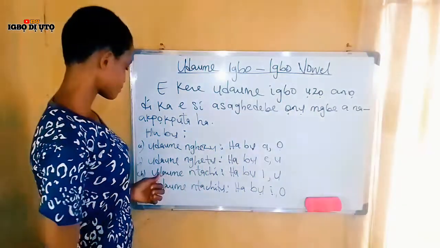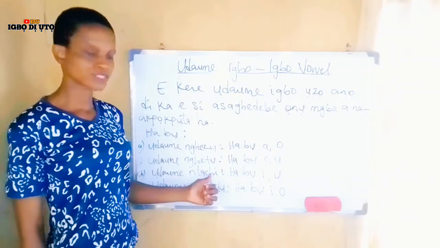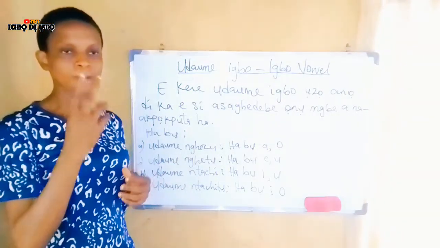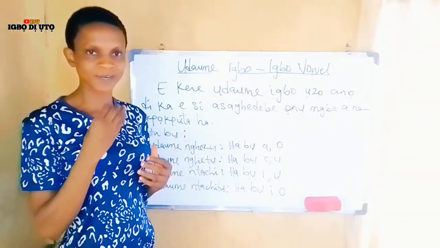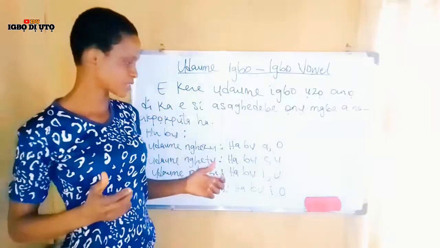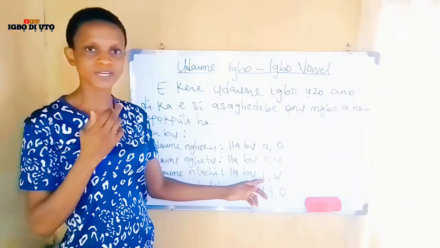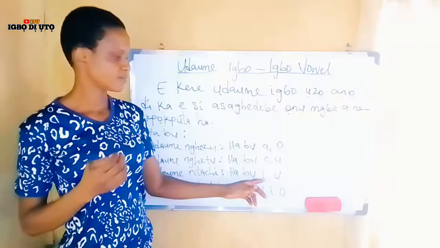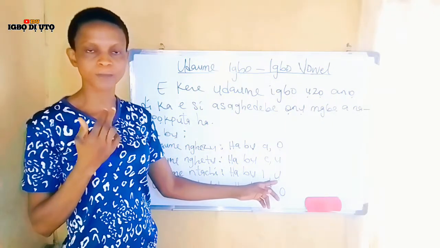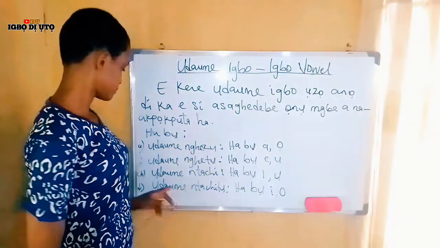Udaume ntachi. What I mean by this udaume ntachi is that both the upper lip and the lower lip and even our teeth are closed. So watch me as I call it now. I. If you look at my two lips, the upper one and the lower one, it is closed.